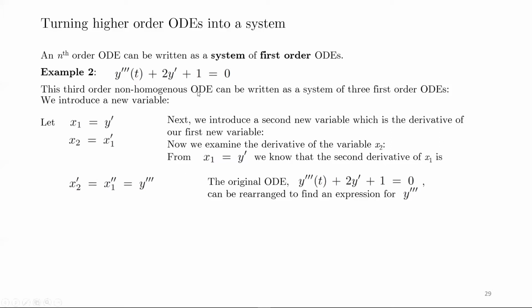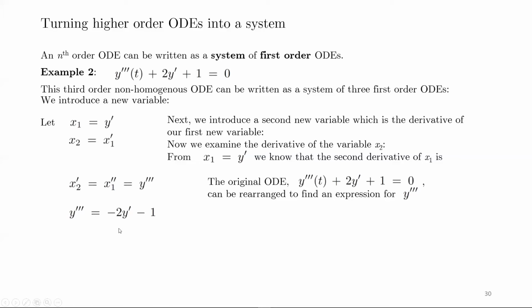And then using the original ODE, just rearranging it, y triple prime is equal to negative 2 times y prime minus 1.